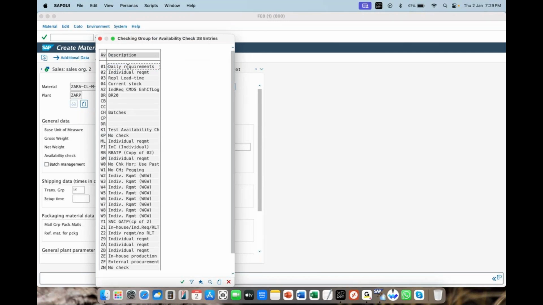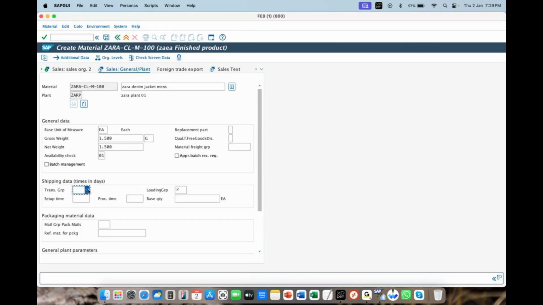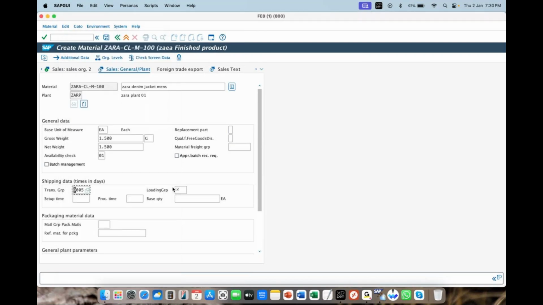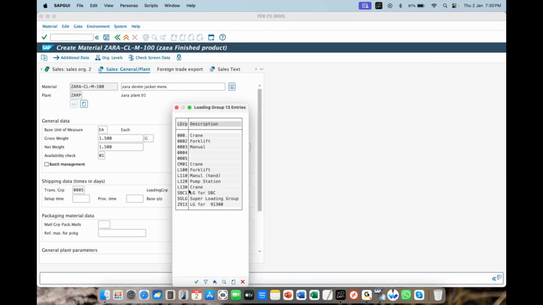So daily requirement always. And transportation group: how you are moving the material, say on pallet, lot for truck, etc. Loading group: how you are lifting the material. Crane, forklift, manual. These are just terms which have no life until you determine them. In the coming sessions, we'll work on those determinations so they will get activated.